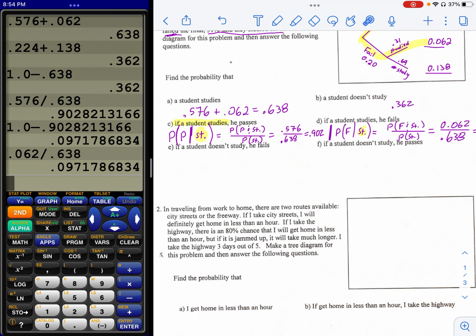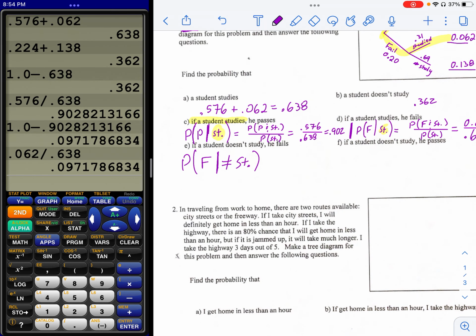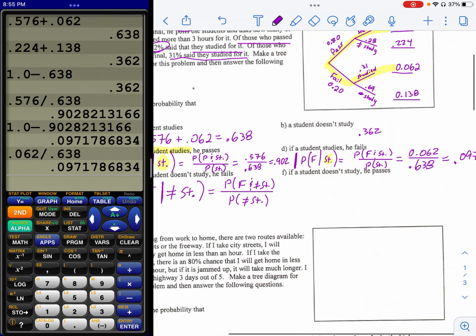And likewise, these are complementary. So this time I'm going to take the short way out. I'm going to find this one using the formula, then I'm just going to subtract from 1 for that one. All right, the formula would be the probability you fail given you did not study. In the diagram I put did not study. This would be a fraction: probability of failing and not studying over the probability of not studying.